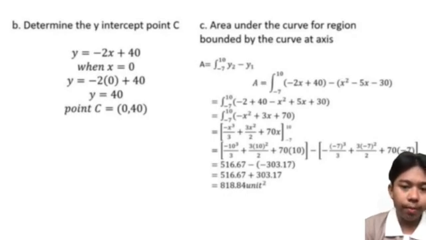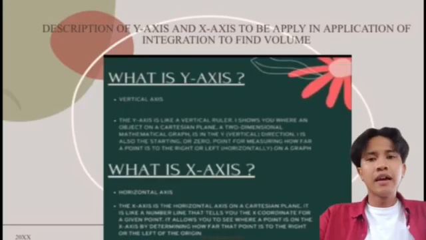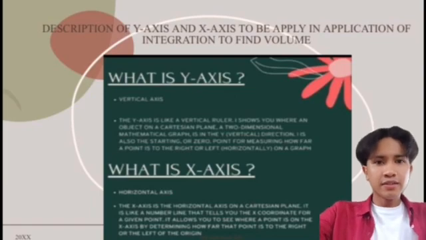From here we substitute the x with 10, and then substitute the x with negative 7. We have 516.67 minus negative 303.70, and then we have our answer, which is 818.84 units.